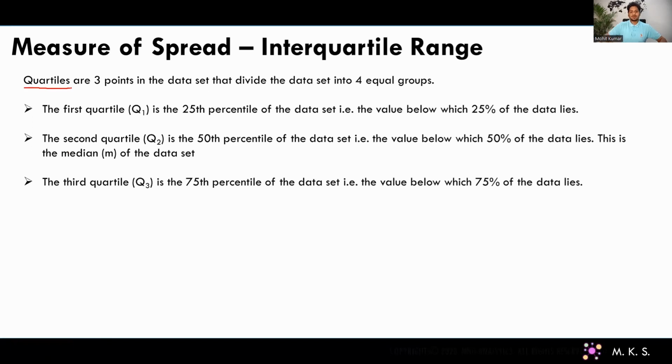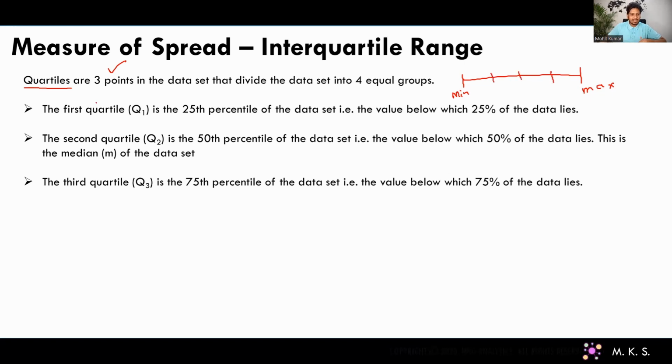So what is a quartile, guys? Or you can talk about percentile as well. Our data set we can divide using 3 points, which we call quartiles. Let's say we have this data where we have the minimum value here and the maximum value here. Now this complete data we can divide into 4 parts using 3 numbers.